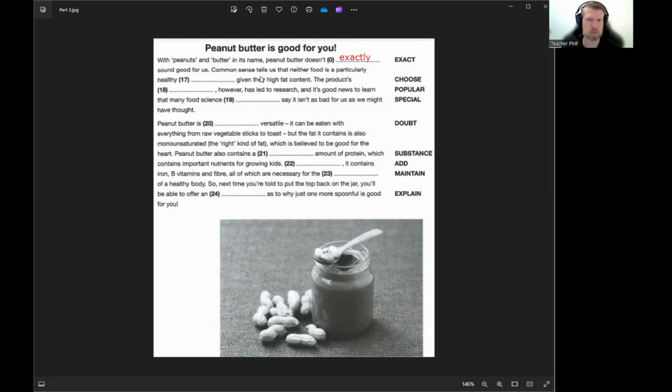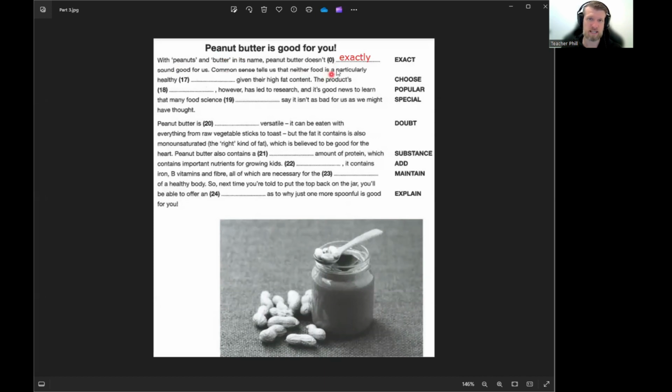So now let's get into it and let's have a look at a couple of examples again. So it says, common sense tells us that neither food is a particularly healthy, given their high fat content. Yeah, so it talks at the beginning about peanuts and butter. These are the two options when it says here neither food, so not peanuts and not butter. And then it says here, is a.